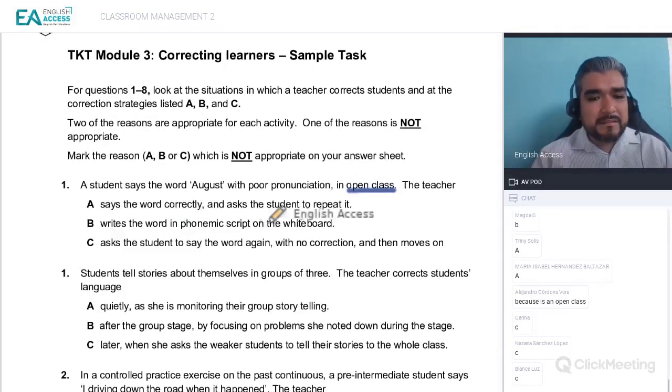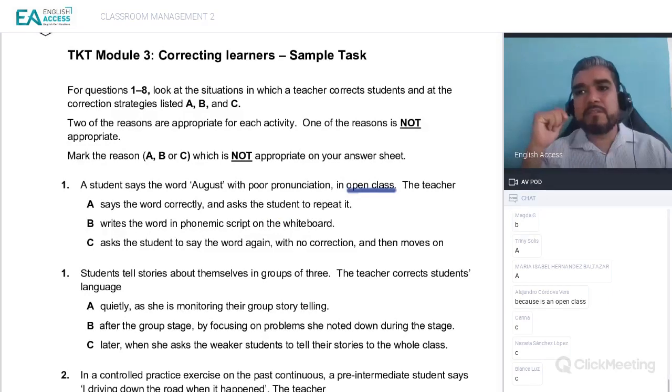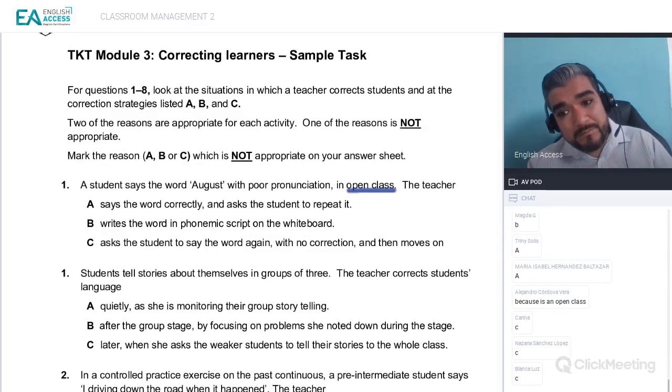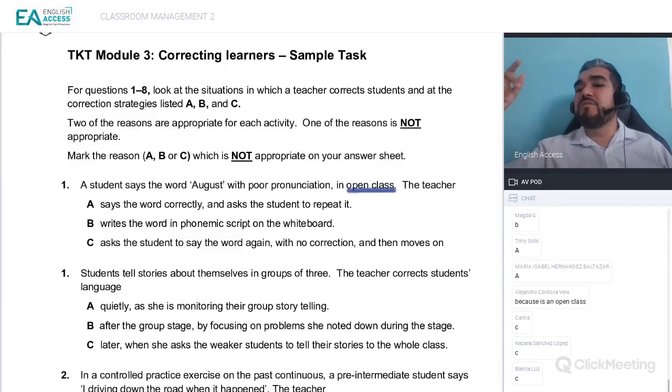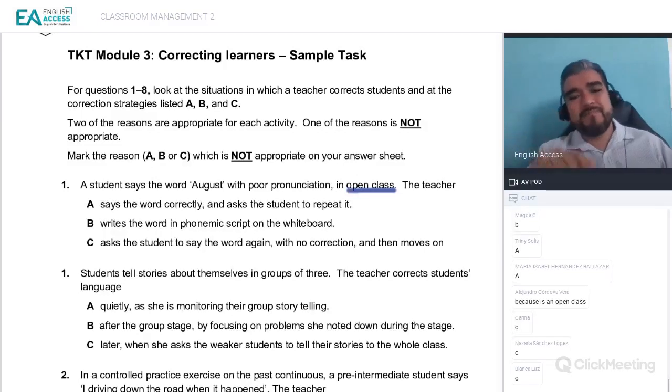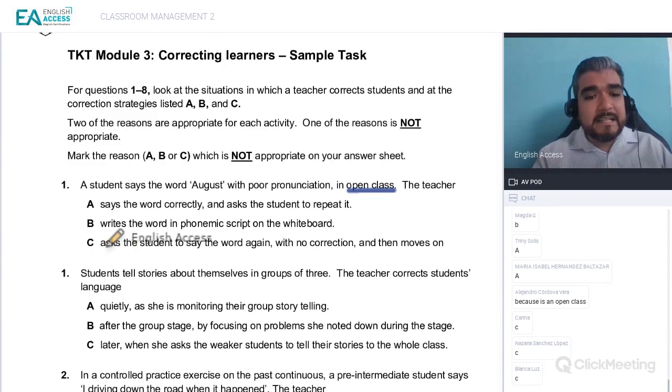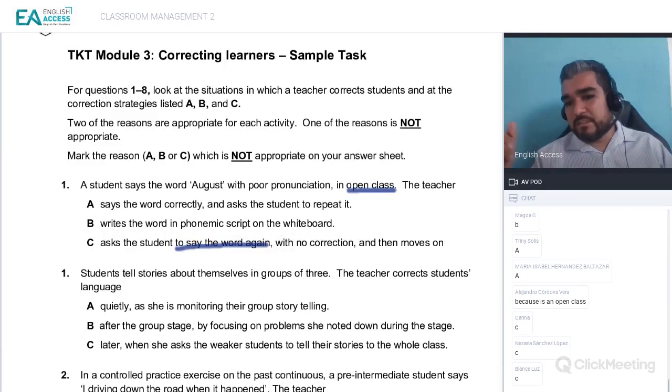Writes the word in phonemic script. This is a good idea too. You can write the phonemic script. If the students know the phonemic symbols, they can identify it and the student can say, oh, you might say August. Yes. But in letter C, it says ask the student to say the word again. So the student says August, and the teacher says, repeat, August.